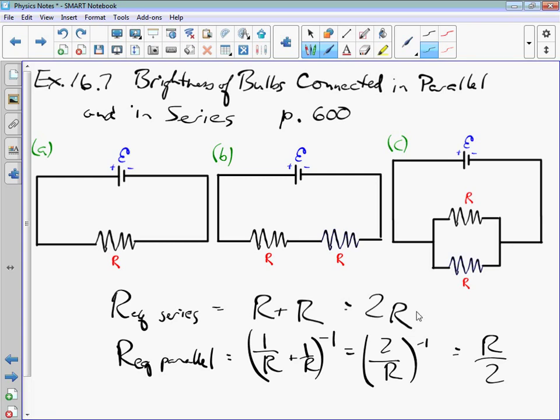So we're going to keep these two things in mind when we're talking about equivalent resistances.